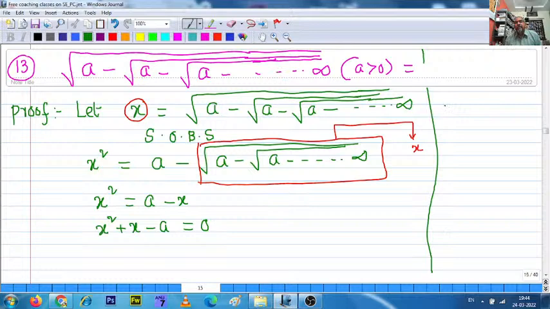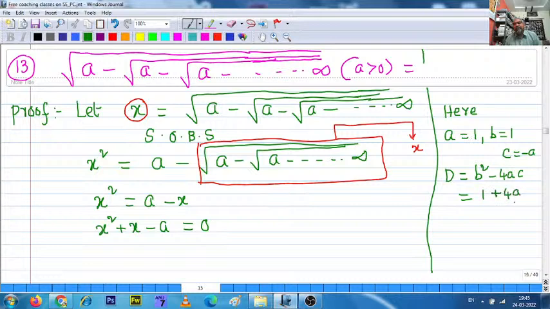Here the coefficient of x square, a, is 1, b, the coefficient of x, is 1, and c is negative a. First let us find the discriminant D, that is b square minus 4ac. b square means 1 square, 1. Then minus 4 into 1 into minus a, which is plus 4a. So D is 4a plus 1. Now the quadratic formula: x is equal to minus b plus or minus root D upon 2a.